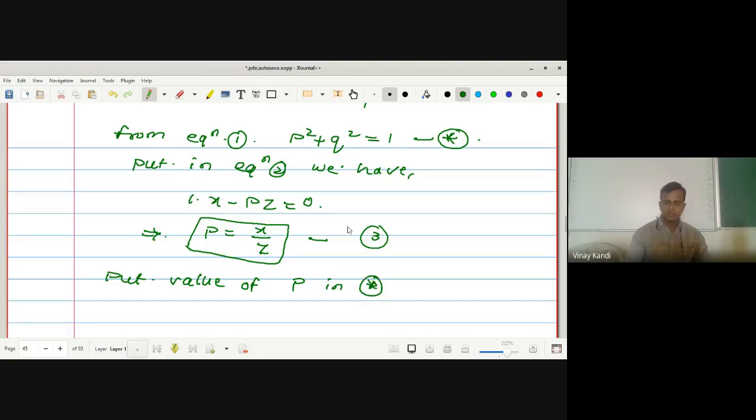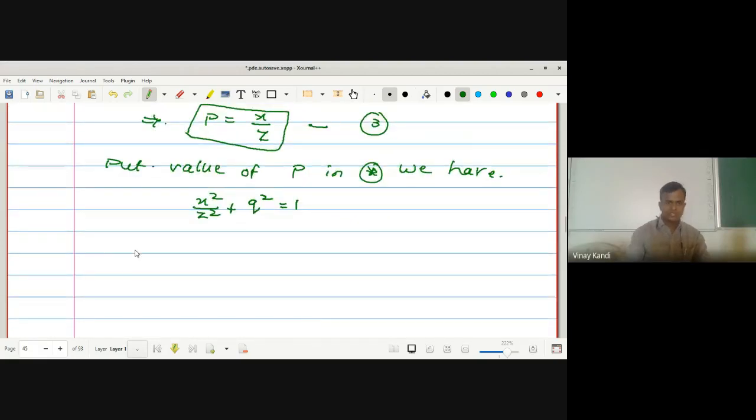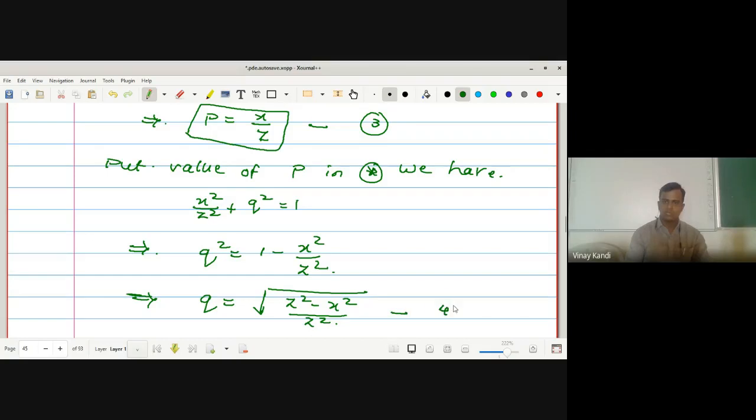We have p square is x square upon z square, plus q square is equal to 1, which implies q square is equal to 1 minus x square upon z square, which implies q is equal to square root of z square minus x square upon z. This is equation number 4.